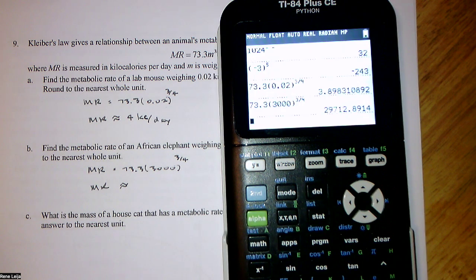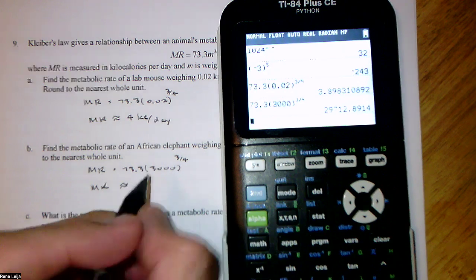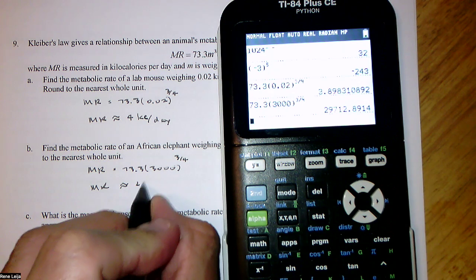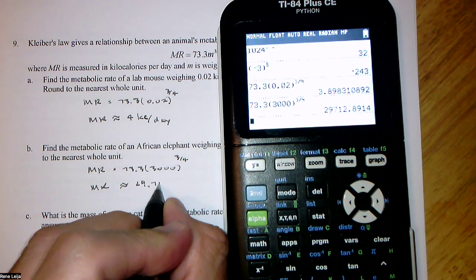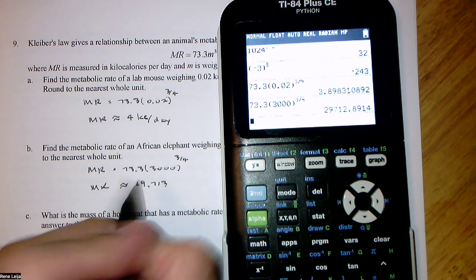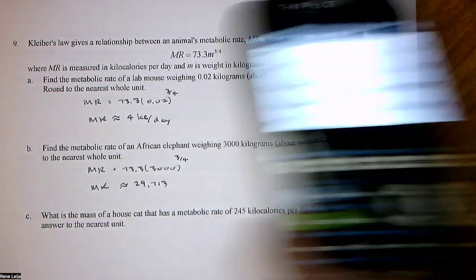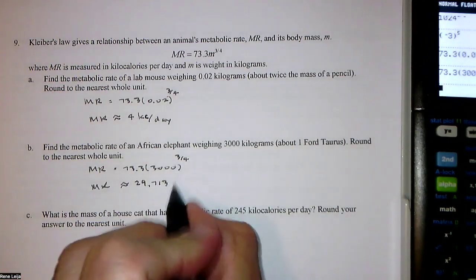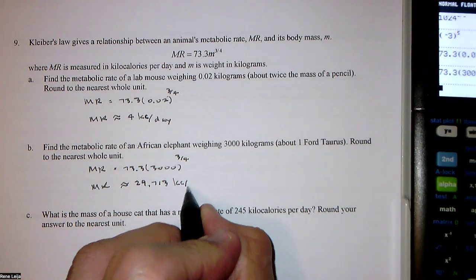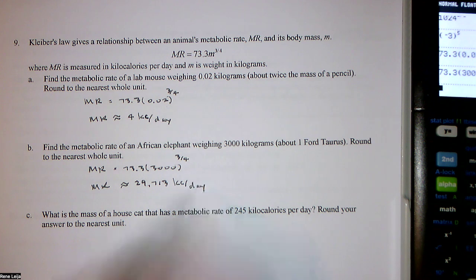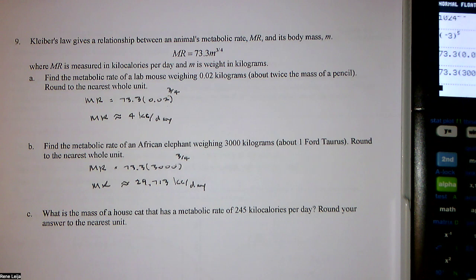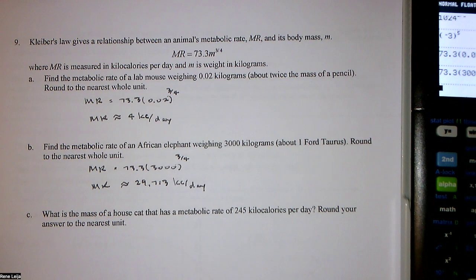And we're going to round this to the nearest whole unit. So this is going to be 29,713. And for metabolic rate, our unit is going to be kilocalories per day. And that is considerably more than the lab mouse.